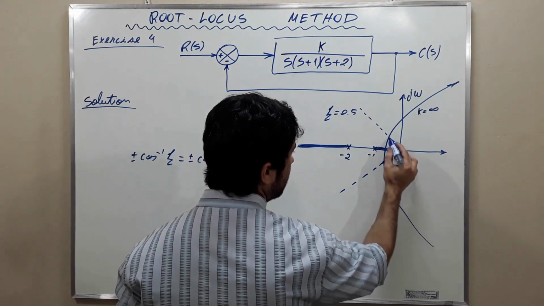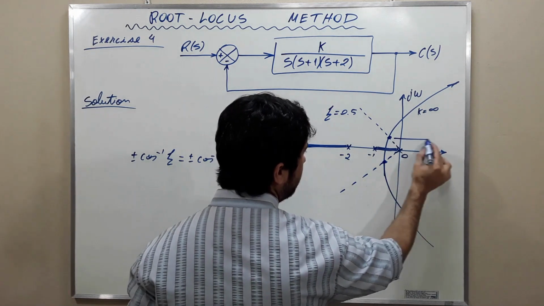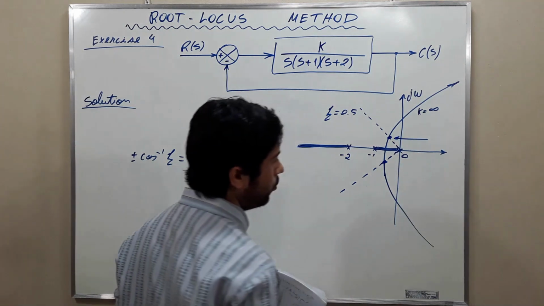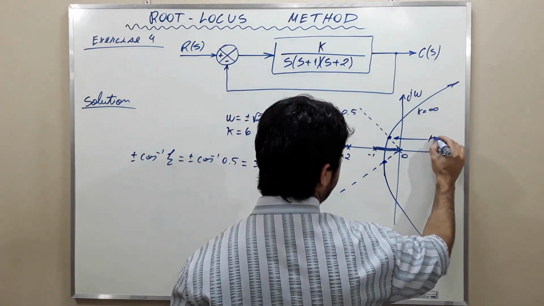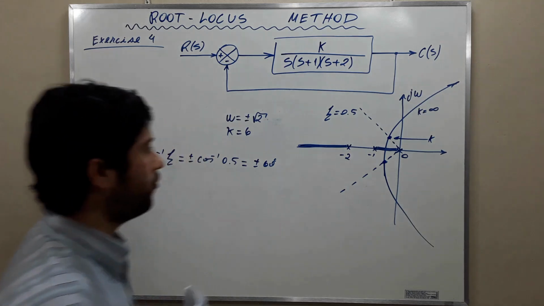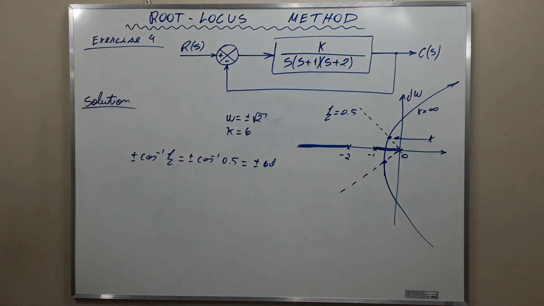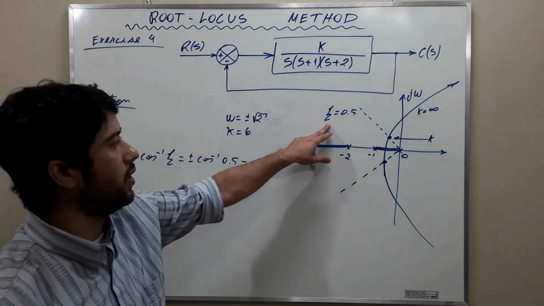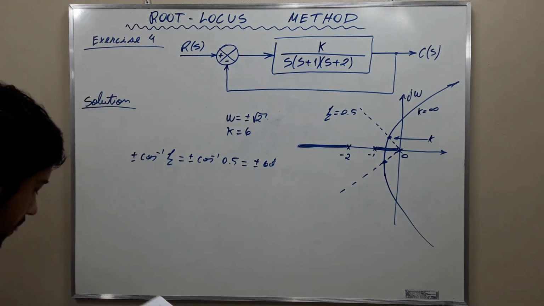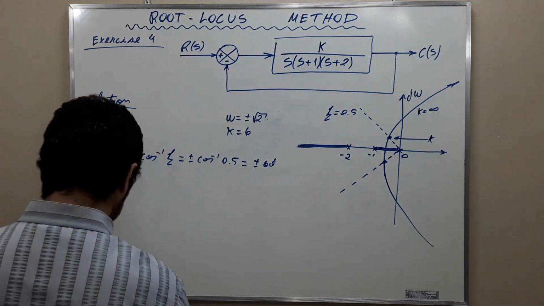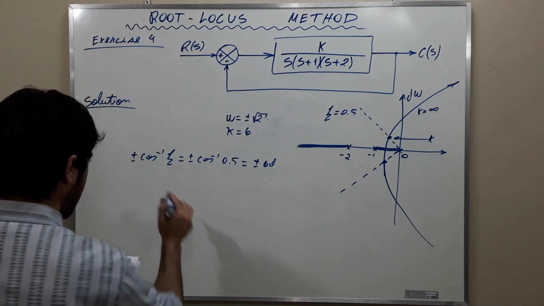And then at the crossing, we have the point we wish for, and we want to find the value of K for that point, where zeta is 0.5. You're going to find it like this, okay?